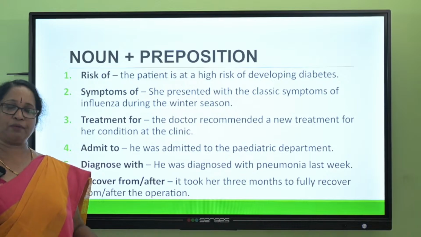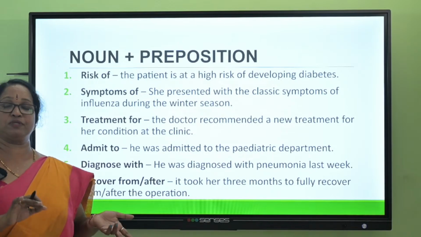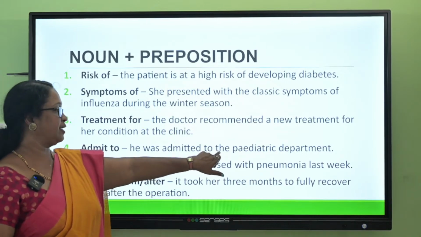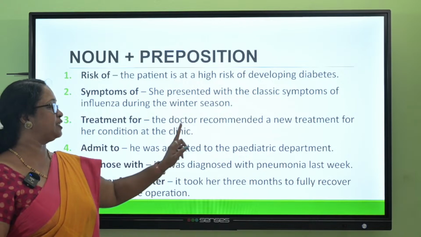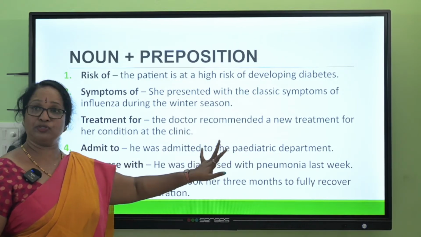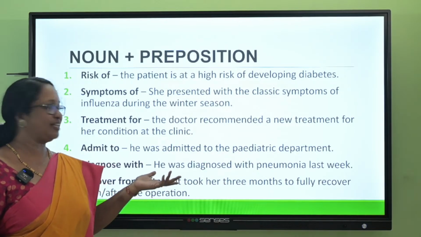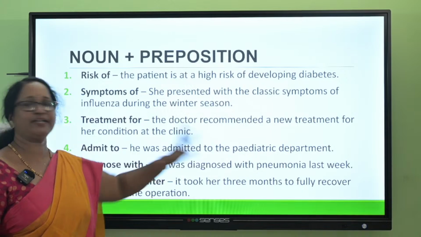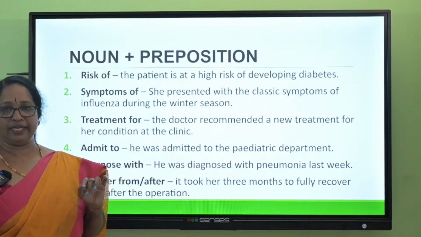If the name is not mentioned, you do not write the. If you want to mention the hospital name or the department name, then you have to write the: he was admitted to the pediatric department. Or if you want to write he was admitted to hospital, then you are not supposed to write the. Is it clear, all members?